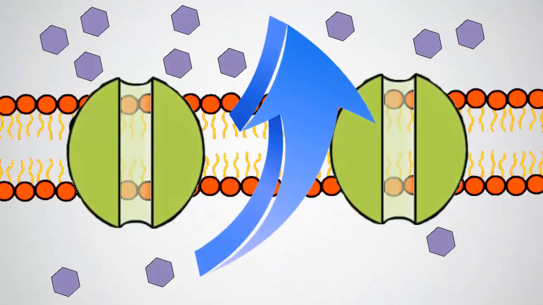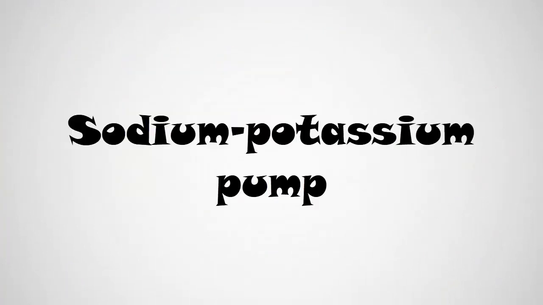ATP can power active transport to force those molecules to go against their concentration gradient. One way it can do that is by energizing the transport protein itself. A great example is the sodium potassium pump.